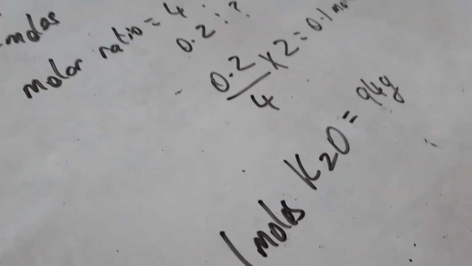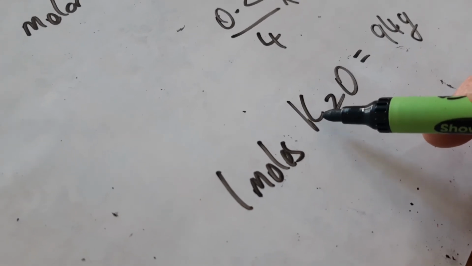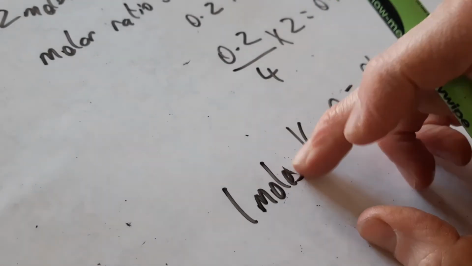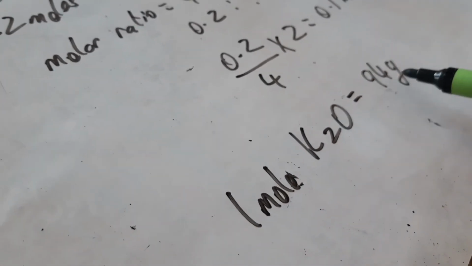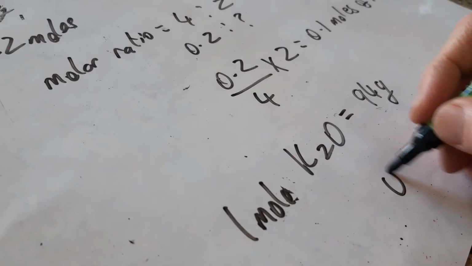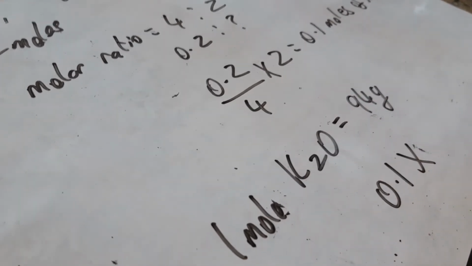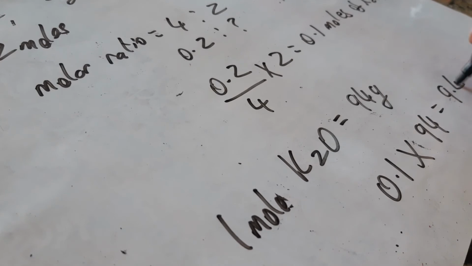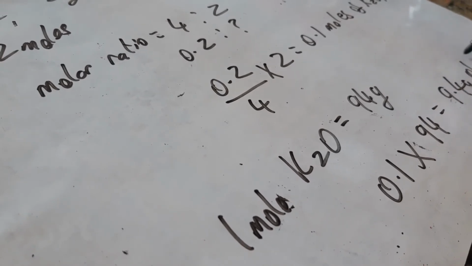You see where that came from? That's from my periodic table. 39 times 2 plus 16 gives me 94 grams. So that's what 1 mole of potassium oxide would be. So 0.1 moles of potassium oxide is going to be 0.1 times 94, which equals 9.4 grams of potassium oxide produced.